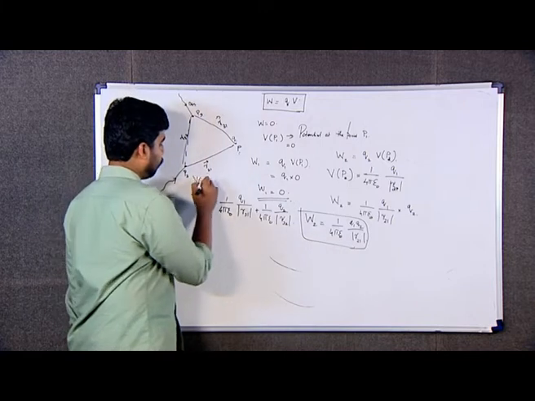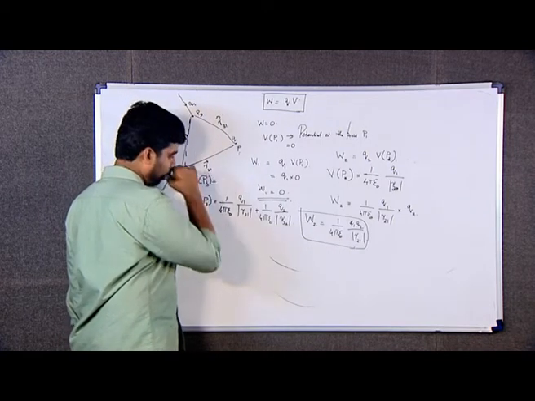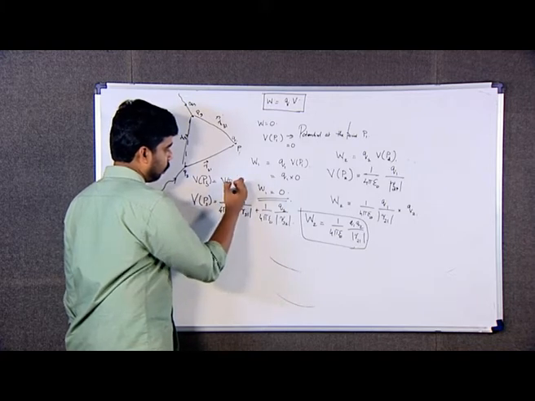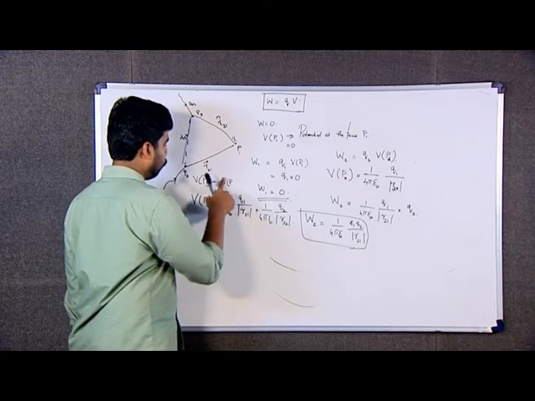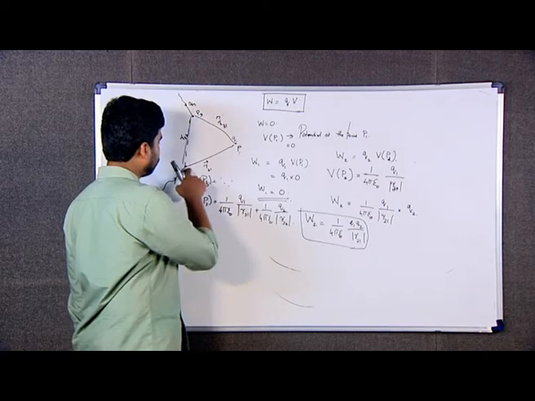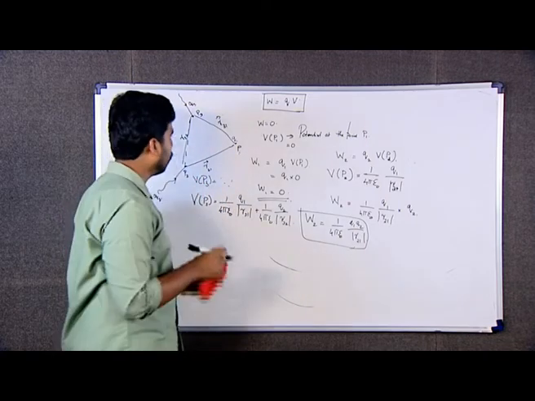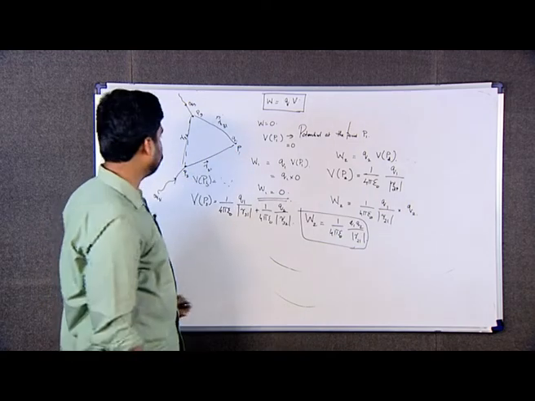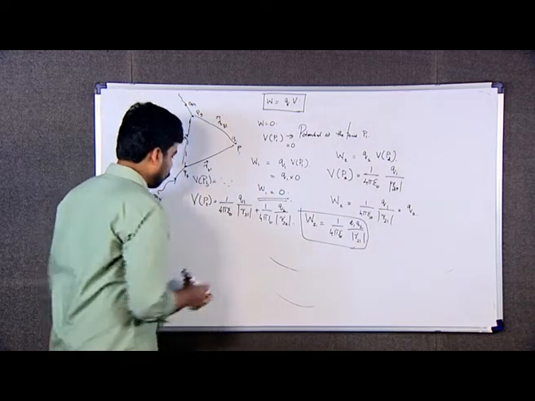Why? Because Vp3 is the sum of charges assembled at the point P1 plus the charges assembled at the point P2. So, this is Vp3.